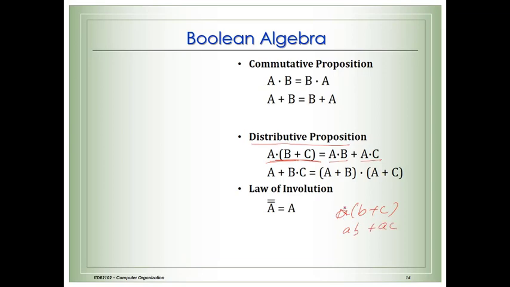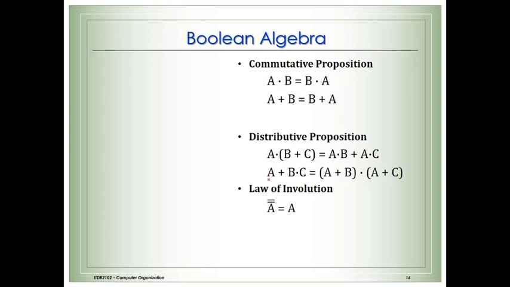You just open the bracket and multiply A with B and A with C. Very similar to that here, you want to perform the AND operation with variable A to B or C, so it can be written as A and B or A and C.